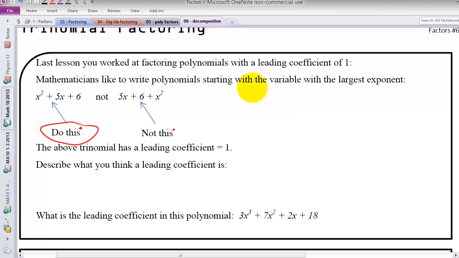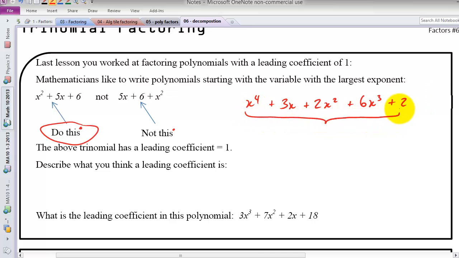So if you had a polynomial that was something like this, typically we would reorder those terms. So it was x to the 4th plus 6x cubed plus 2x squared plus 3x plus 2.